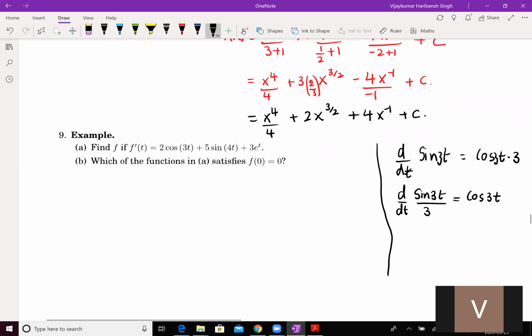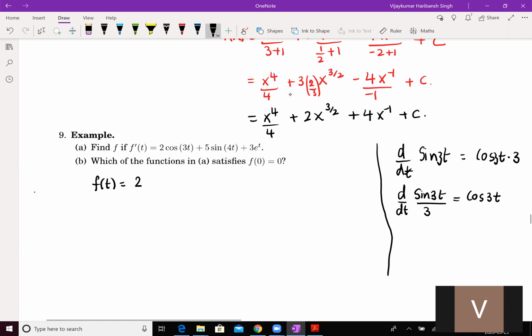So the antiderivative of cosine 3t is sine 3t divided by 3. Instead of multiplying by the coefficient as you do in the derivative, you're dividing by the coefficient. So we have, let's see, f of t is going to be 2.